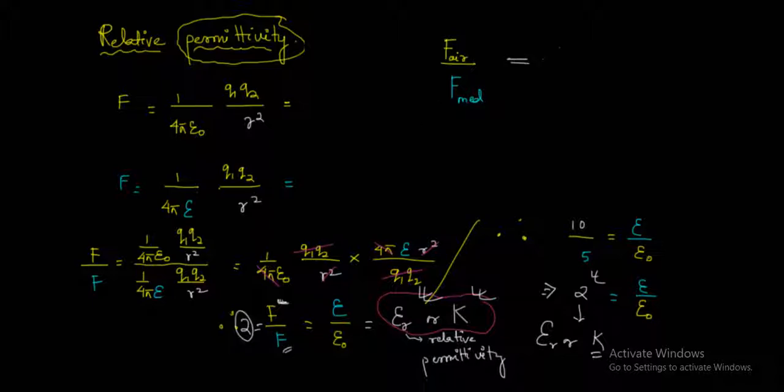Or you can say it is also the ratio of the absolute permittivity of a medium to the permittivity of free space or air.